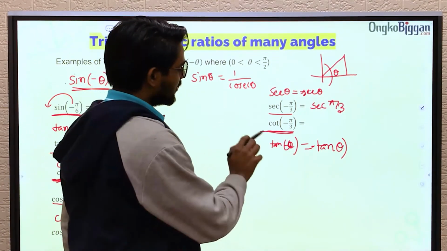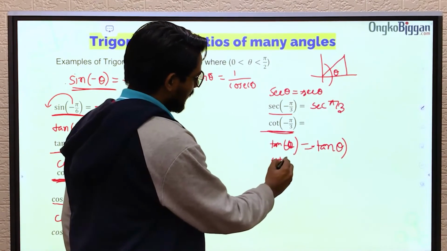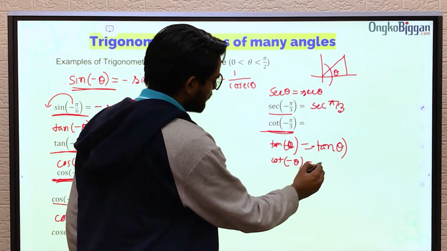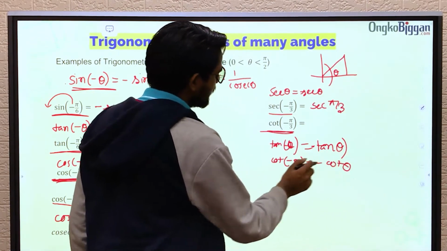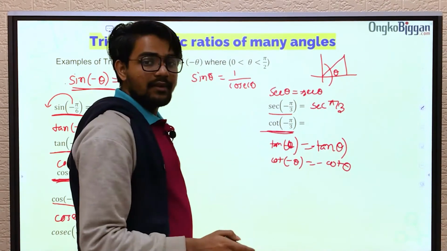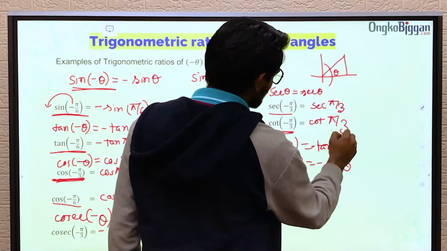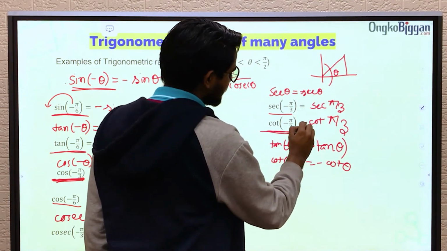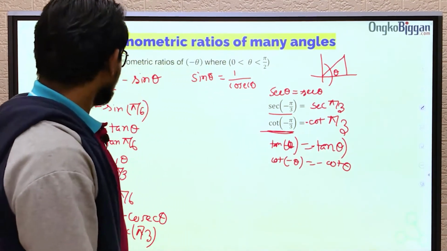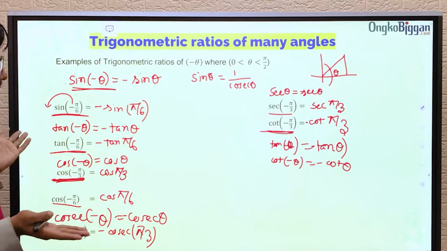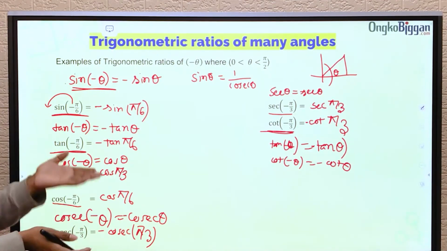So cot minus theta will be minus cot theta. So we can write cot minus pi by 3 as cot pi by 3, and we surely need to add the minus in front.